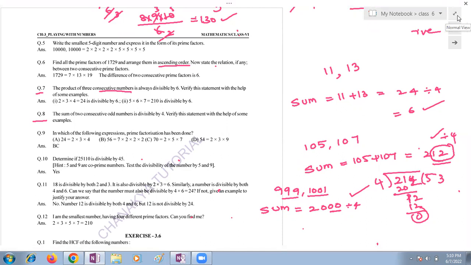Here 5 and 9 are co-primes, so the product is also divisible by the number. The product means 9 times 5, 45. So 45 also divides the given number, 25,110. This is a very interesting and important question, children.